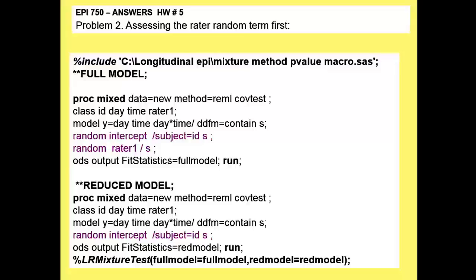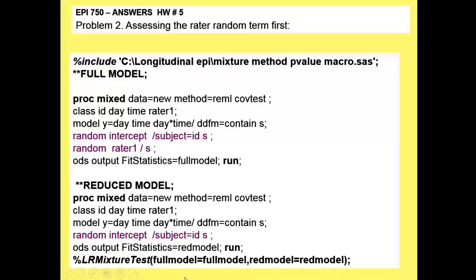Okay, so now in order to do this, before I even start the full model, I have to tell the computer where the macro is located. This should be S. And then what I have to do is tell the computer to run the macro. When you do that, you put %LR mixture test, because that's the name of it, and then you put in what you have to tell the computer.